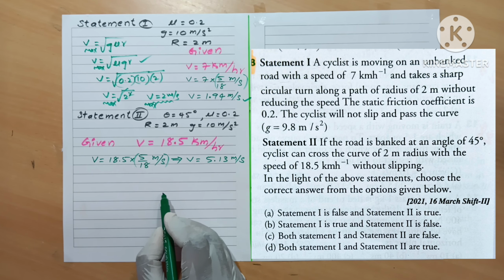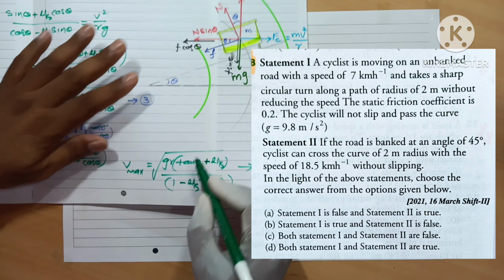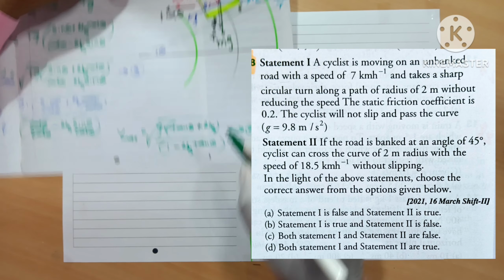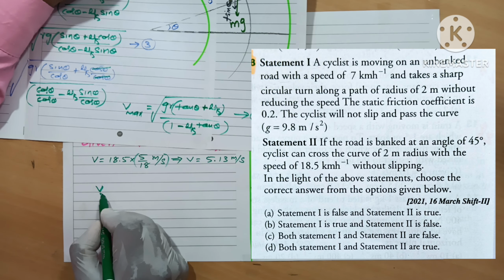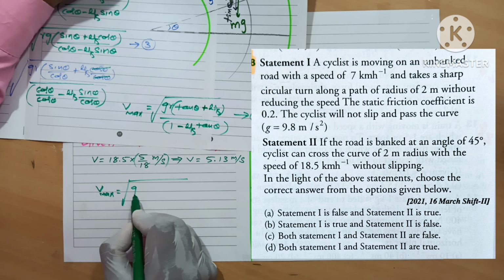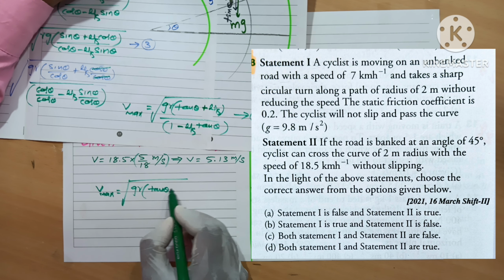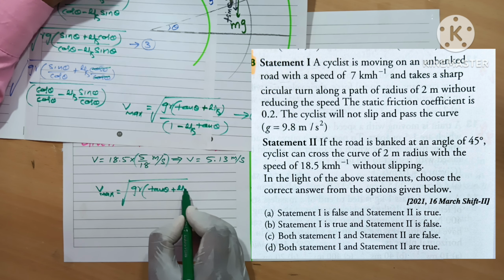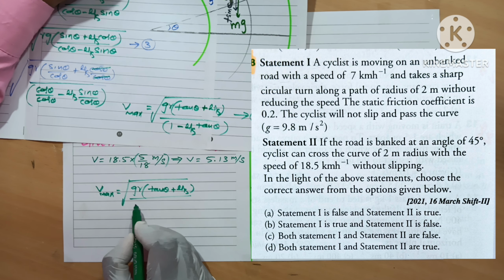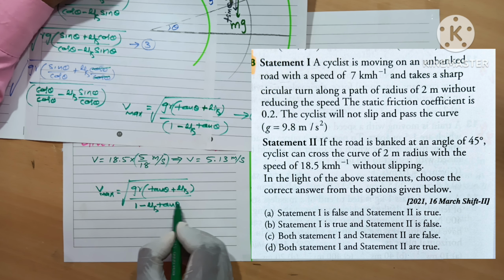So first I am going to write about the maximum speed. What is the maximum speed formula we got, student? The maximum speed Vmax is equal to root of g r into tan theta plus mu k divided by 1 minus mu k into tan theta.